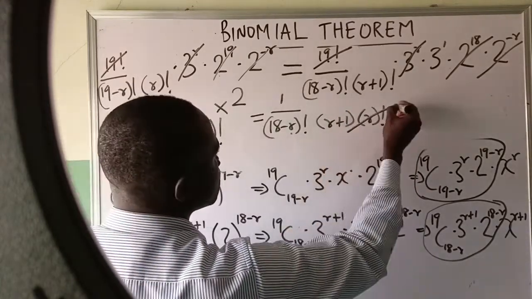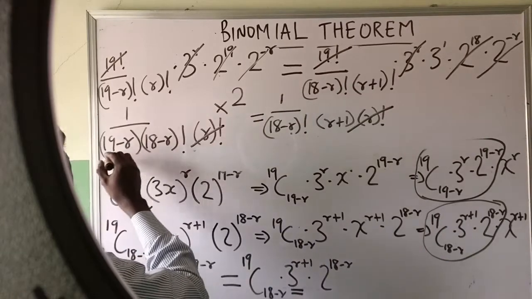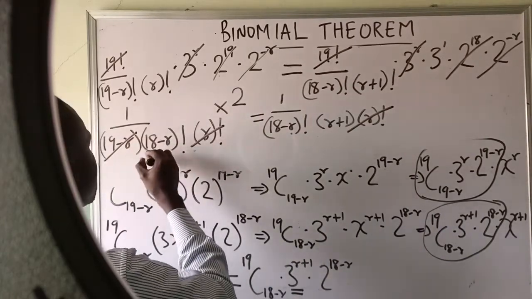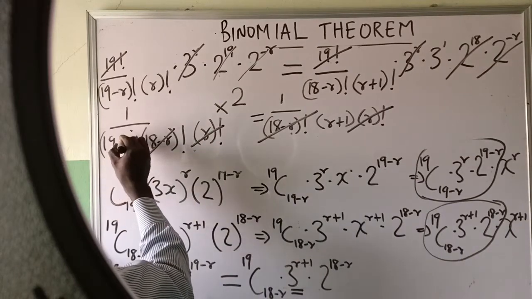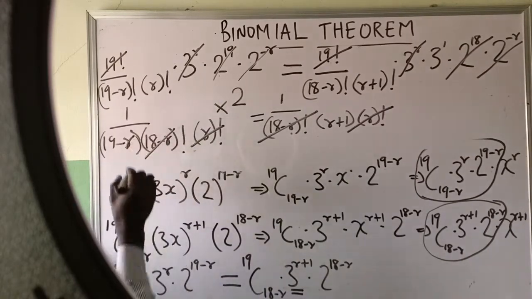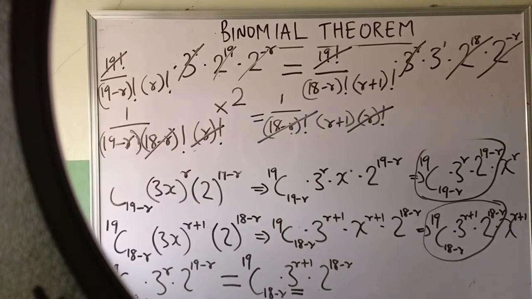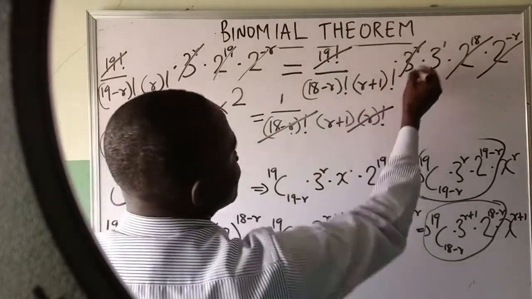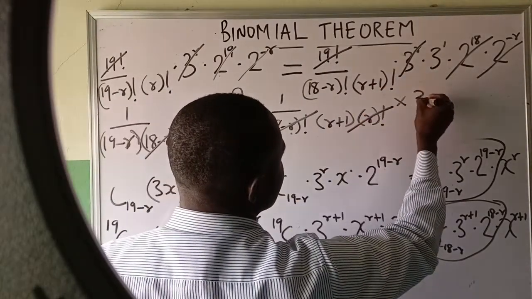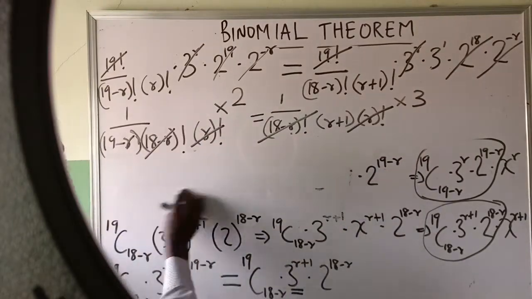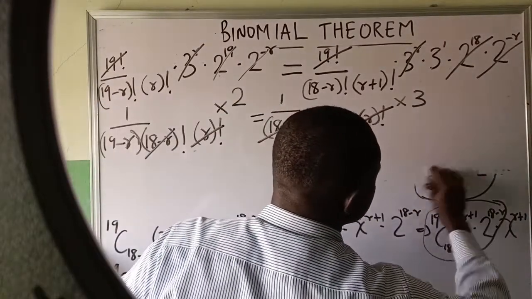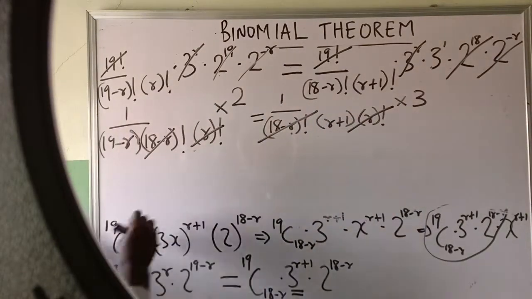At this point, this will cancel this, and this will cancel this. So what you now do is you say times 3, we have 3 at the top here. This will lead you to simplify the final answer.